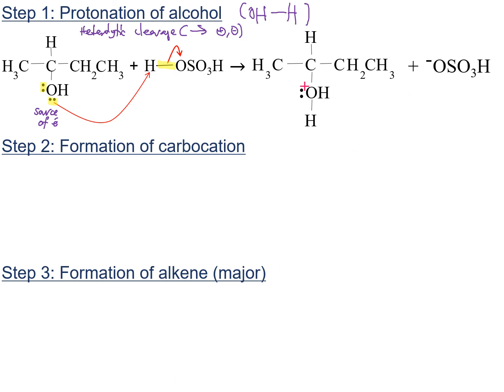So in the product, this oxygen gets a positive sign and only 1 lone pair, and the other lone pair has formed a bond with hydrogen, so there is only 1 lone pair left. And on this acid catalyst, don't forget the negative sign here, because when it breaks the bond, this oxygen receives 2 electrons from this bond. Understand? Okay, next is step 2, the formation of carbocation. How do you form a carbocation? When you form a carbocation, you look, this is a positive sign here.